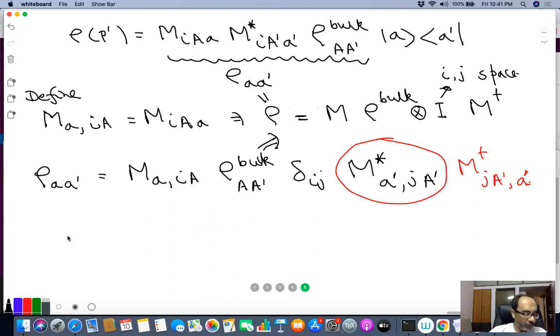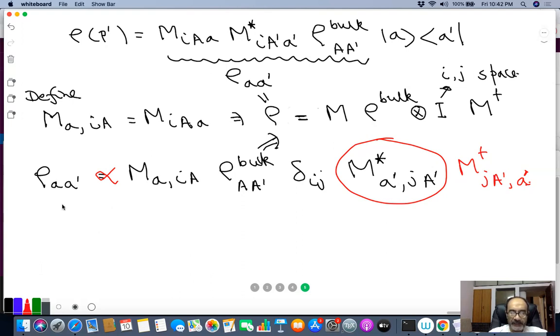So given this, we are now going to calculate the entanglement entropy. I should have said that all of this is really up to a proportionality constant. Remember that you have this 1 over root d, or in this case, 1 over root 2 factors that come in when you transfer the input leg to the output leg.